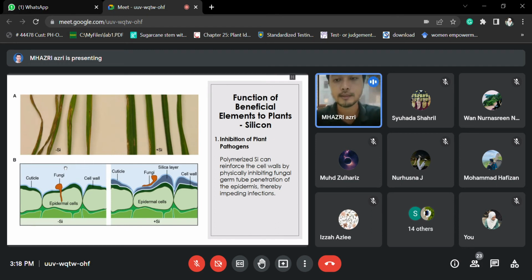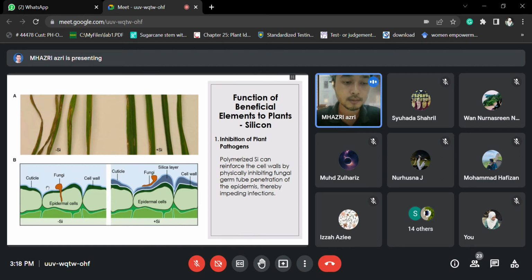So the mycelia will intercept with Oryza sativa roots. Okay. Bila fungi ni dia dah jumpa akar pokok ni, apa yang berlaku? Fungus ni will secrete hydrolytic enzymes that will solubilize the cell membrane and plasma membrane pokok padi ni.